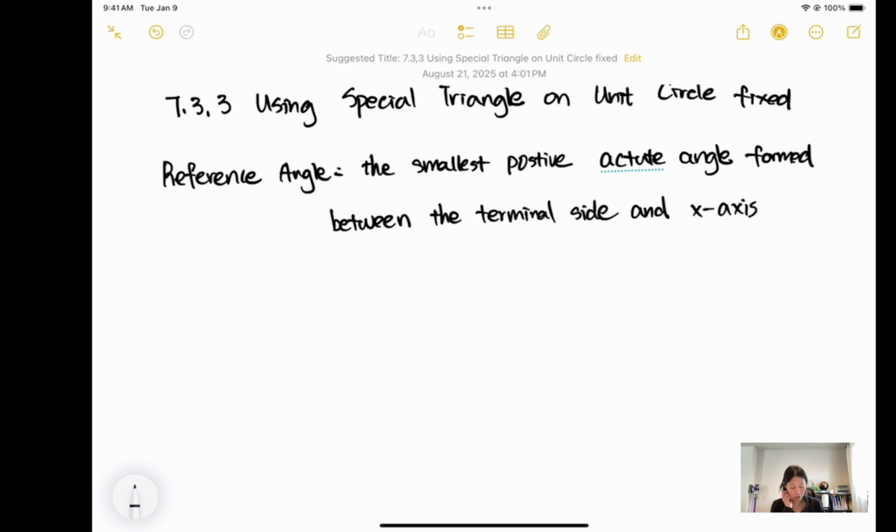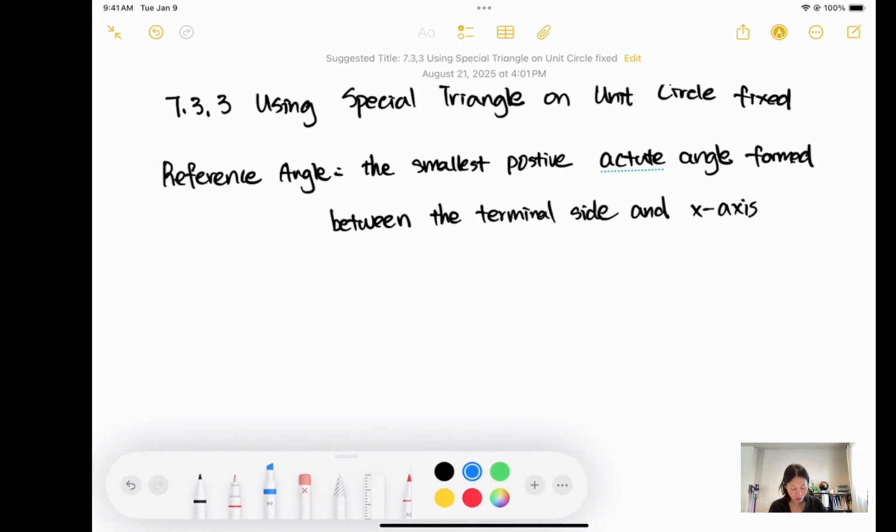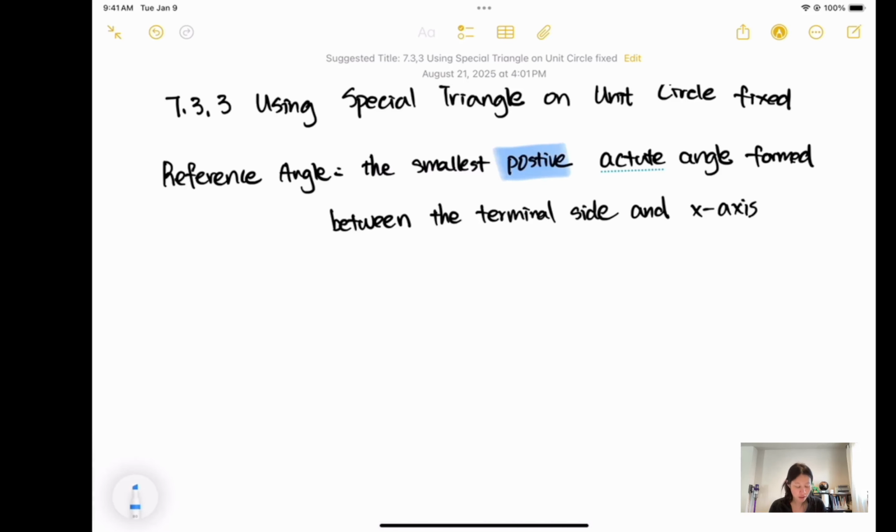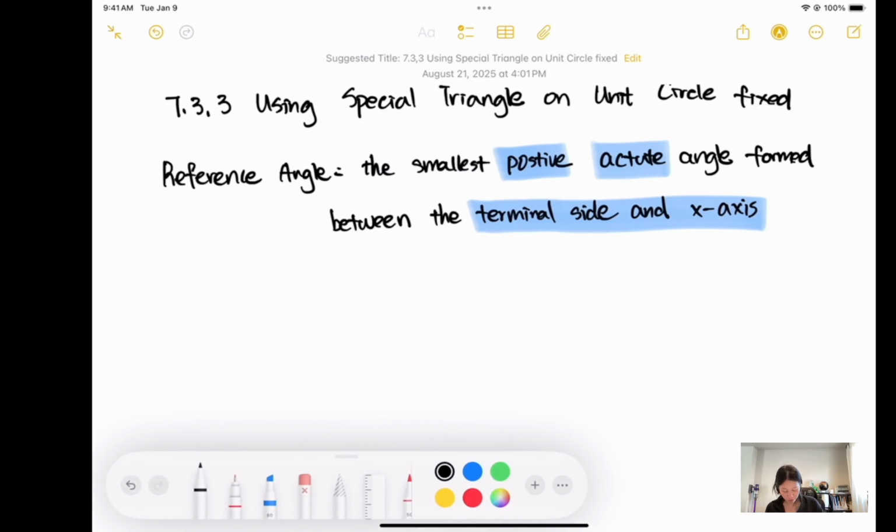So three things. It has to be a positive acute angle, and the angle should be located between the terminal side and the x-axis. Okay, here are some examples.